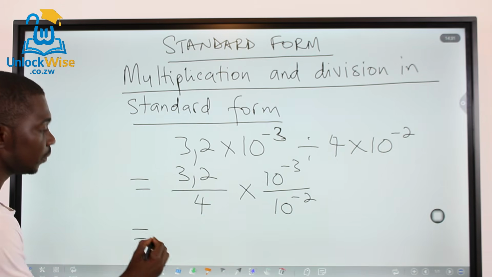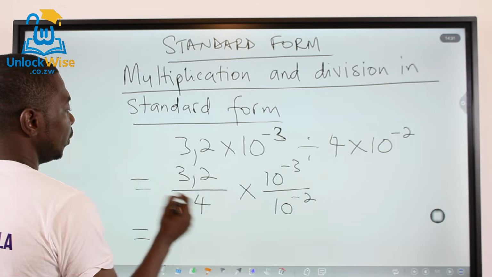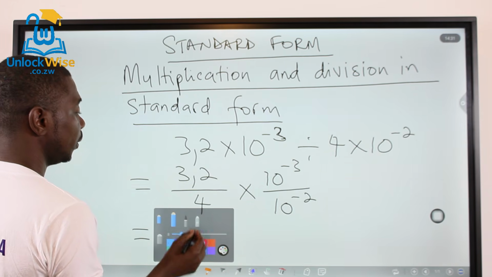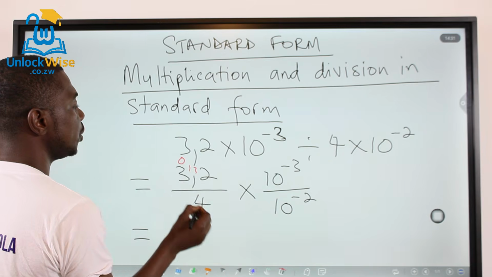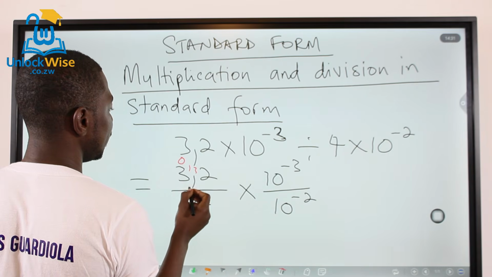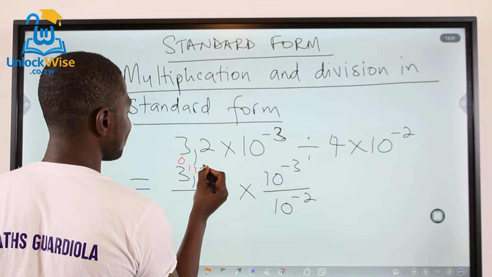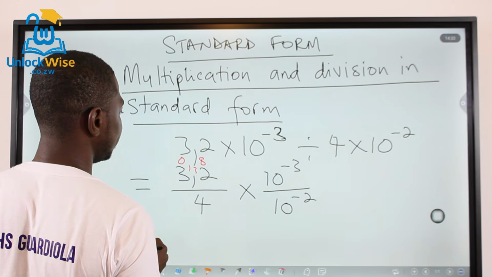So 4 into 3,2. 4 into 3 is 0, into 32 is, I think, 8.